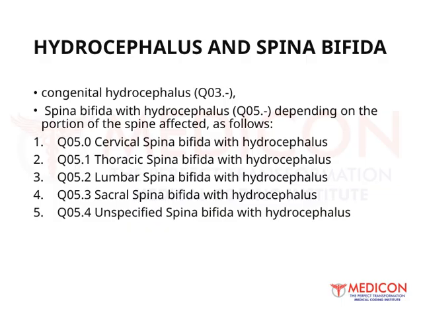For example, if the defect is at the cervical level, we refer to it as cervical spina bifida with hydrocephalus, coded as Q05.0. Similarly, thoracic spina bifida with hydrocephalus is coded as Q05.1, lumbar as Q05.2, sacral as Q05.3, and if the specific location isn't clear, we use the unspecified category, Q05.4.